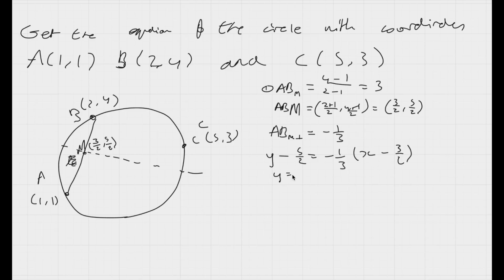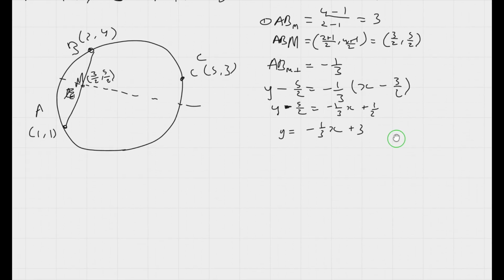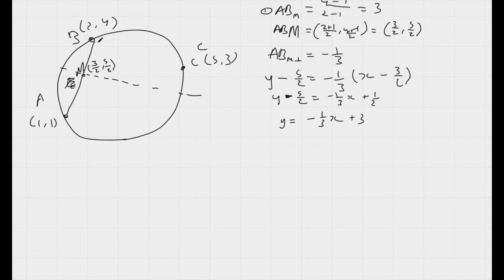So y minus 5 over 2 is equal to minus 1 over 3x plus a half. So that means that y is equal to minus 1 over 3x plus 3. Easy.